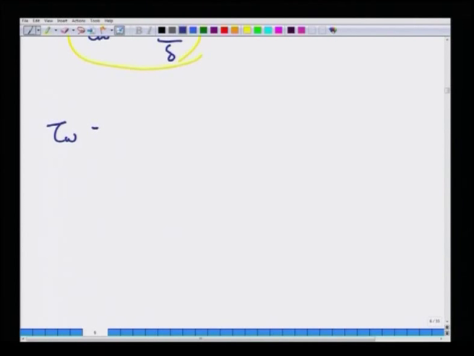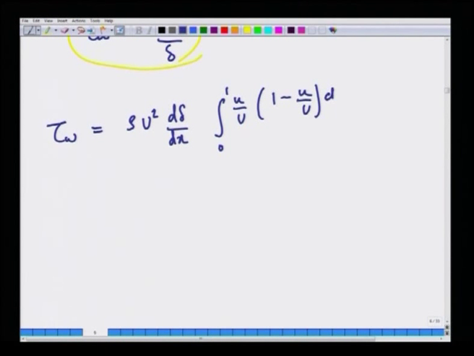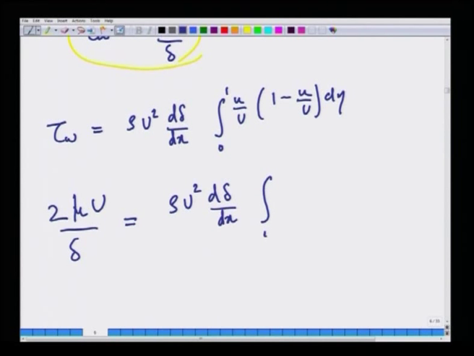We already had tau w is rho U squared d delta dx times the integral 0 to 1 of u by U times 1 minus u by U d eta. So, 2 mu U by delta is nothing but rho U squared d delta dx times the integral 0 to 1 of 2 eta minus eta squared times 1 minus 2 eta plus eta squared d eta.